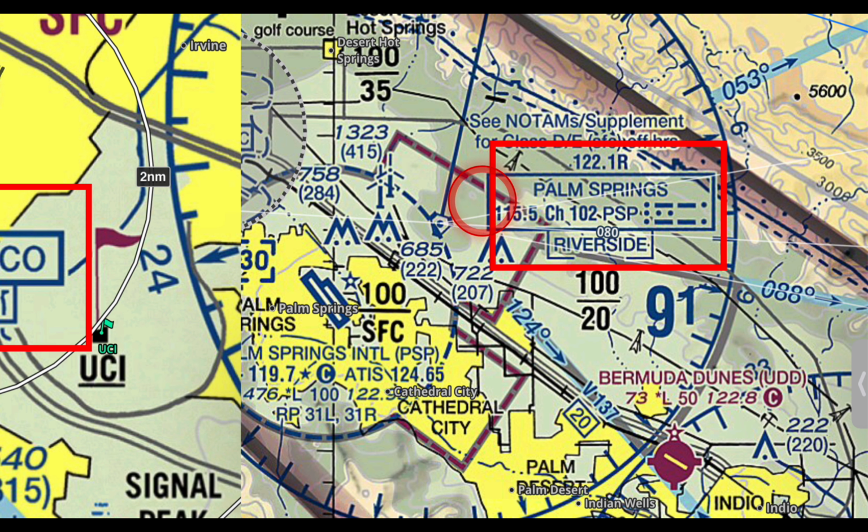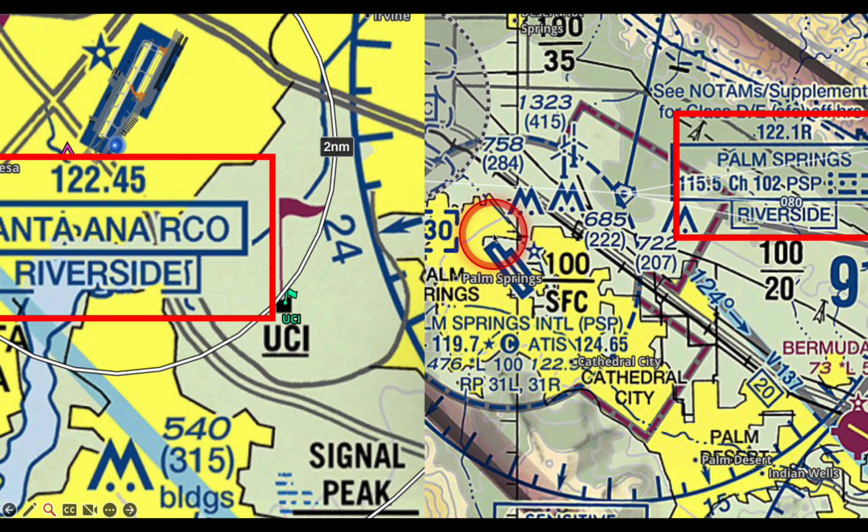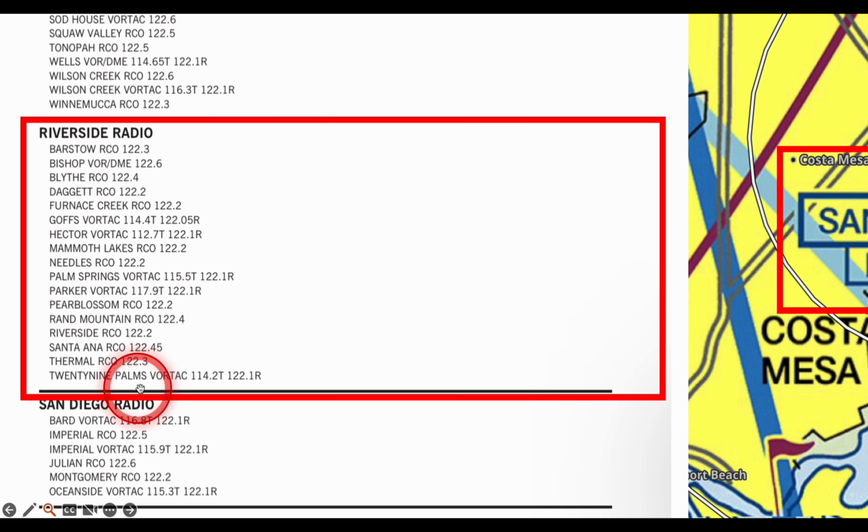So you'd put that into your navigation radios, and then you can talk to them on 122.1 because they receive your communications on that frequency. So you can use these communication boxes to contact flight service, or you can use the one in the chart supplement to plan ahead and use those frequencies as well.